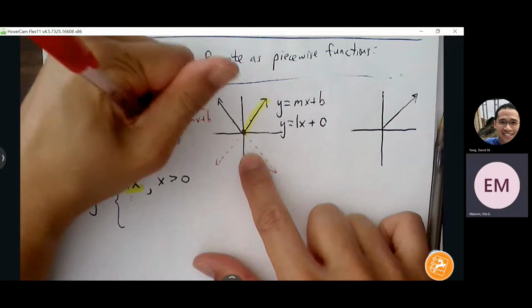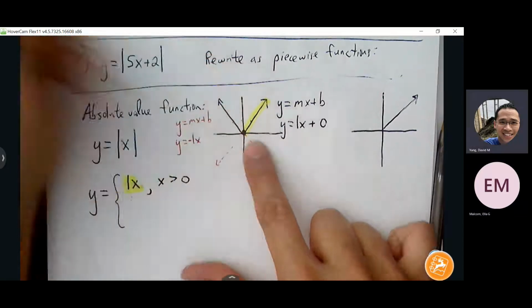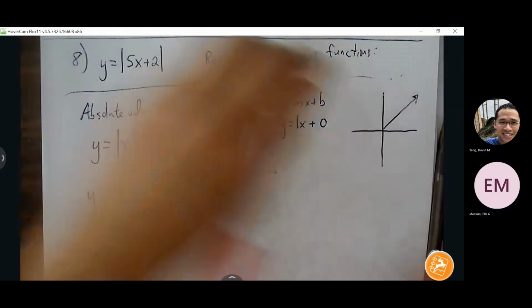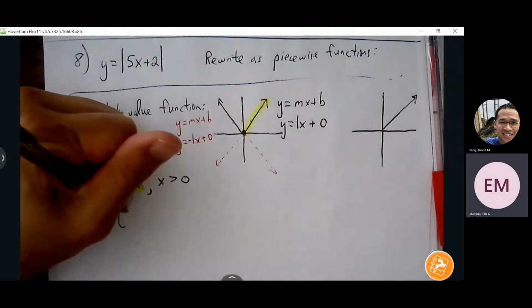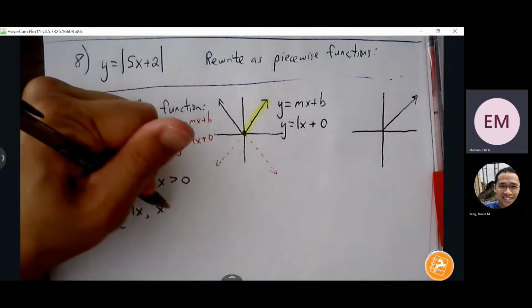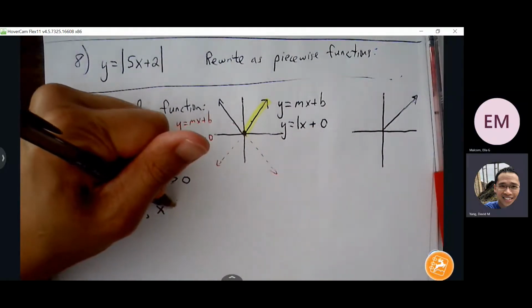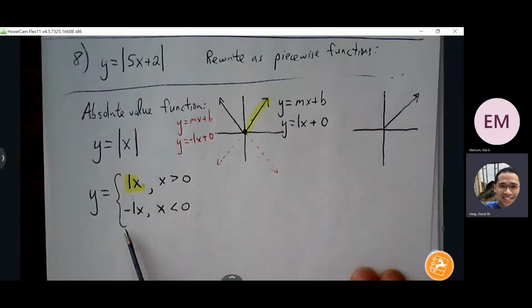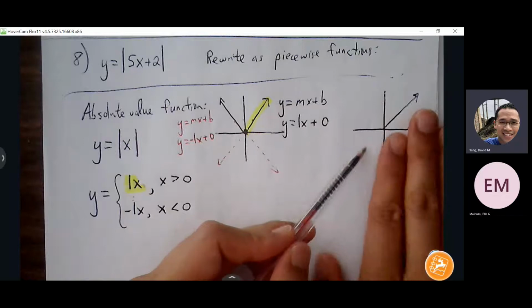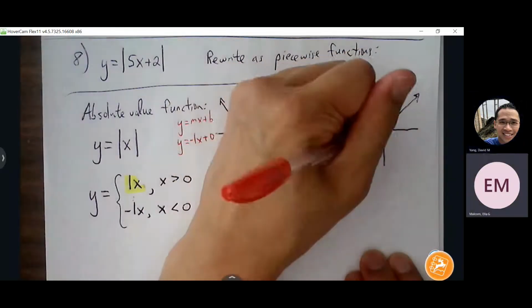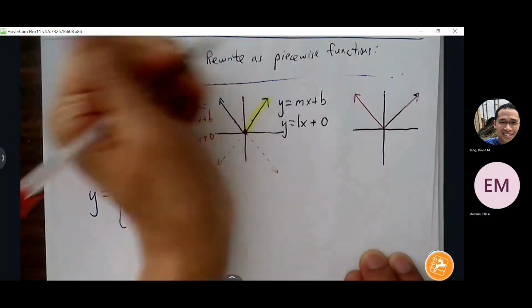And the y-intercept is still 0. So that would be negative 1x, comma, x is greater than 0? X is less than 0. Because it's on the other side? That's right, because we only want this negative 1x to live to the left of the y-axis. So that's going to be this graph.